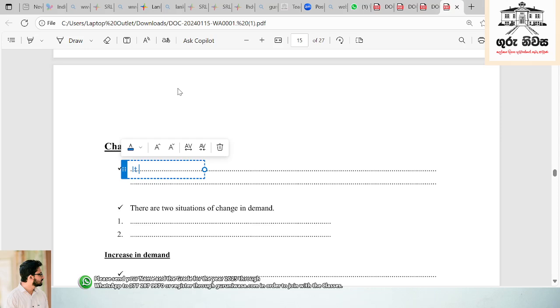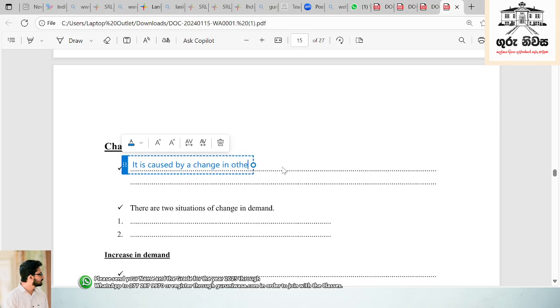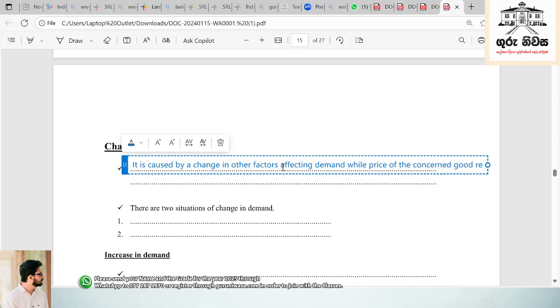Write down, it is caused by a change in other factors affecting demand, while price of the concerned good remains unchanged.